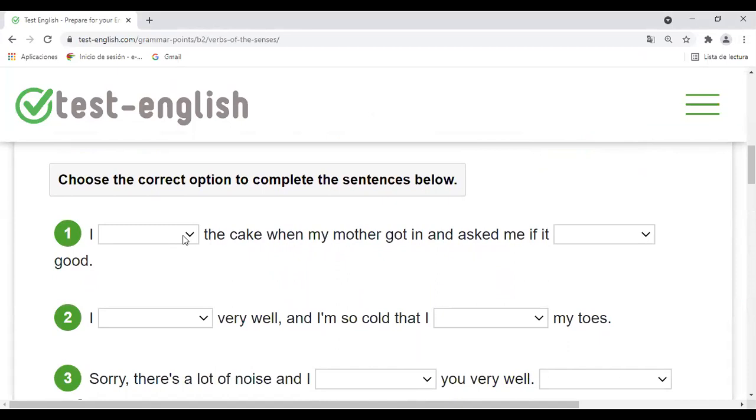So the choices that you have for the first sentence are tasting or tasted. Which one will you choose? In here, you have to pay attention also to the context of the sentence. So which one do you think is the best answer?